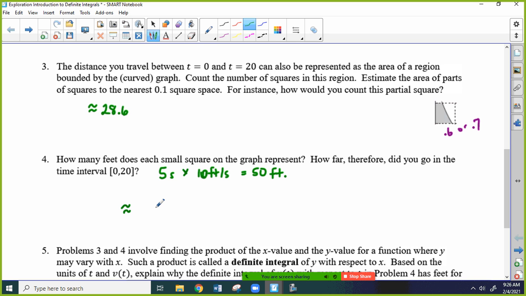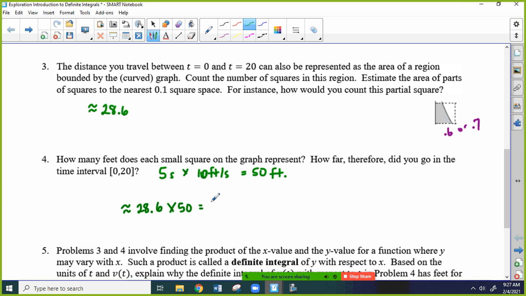What sort of math are you going to use to answer that question? Good, Will. It looks like Nick and Will, you guys are using the 28.6 that I used, and then you multiplied it by 50. You can absolutely use the number you got and multiply by 50. We will be a little different from each other.